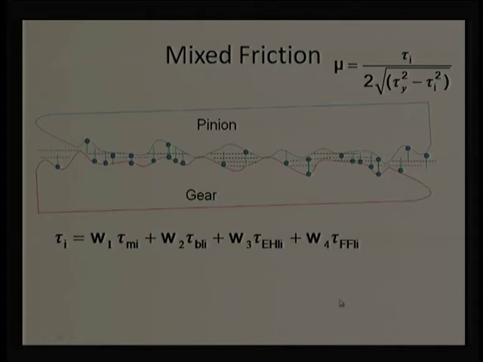So, all lubrication mechanisms are present when we talk about mixed lubrication. That is the name. We say that there will be solid lubrication and there will be liquid lubrication. So, naturally it is going to be a mixture of that.